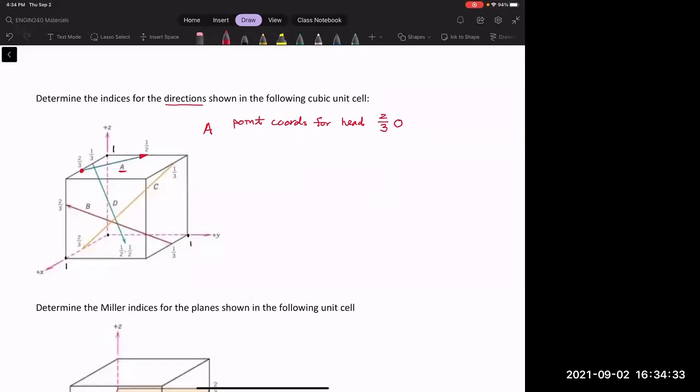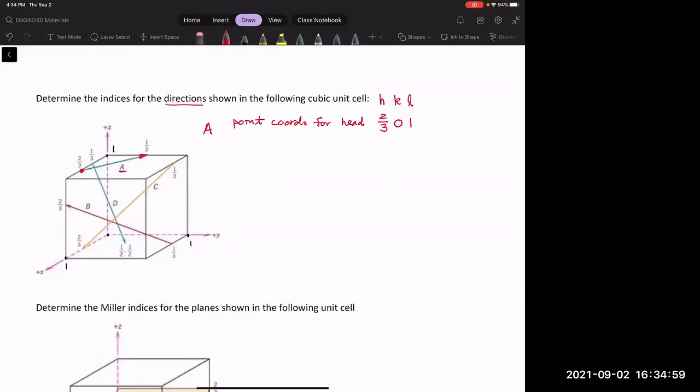For the z, it is at the height of z equal to 1, so that will be 1. Now, we don't put commas in between these three numbers. These three numbers in the Miller indices are called the HKL. We just try to distinguish this from the X, Y, and Z. So we put three different letters, which is HKL.